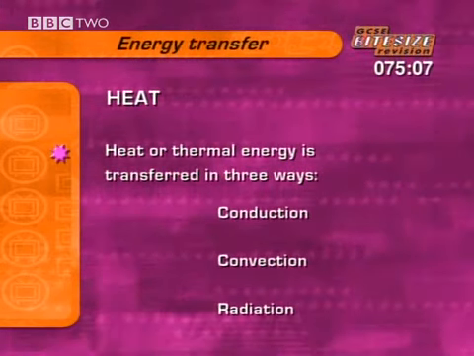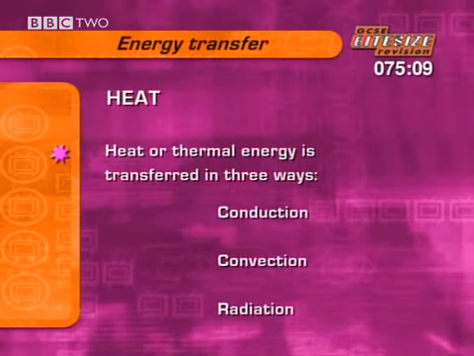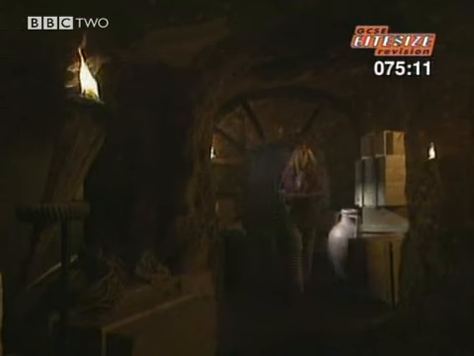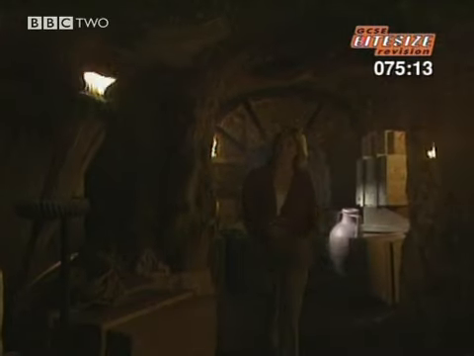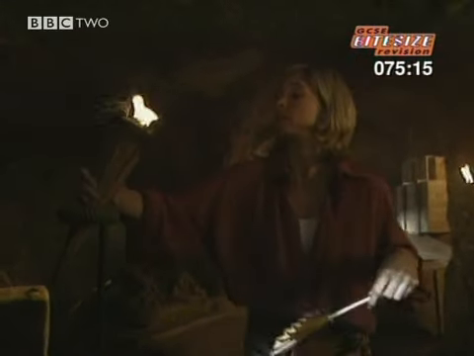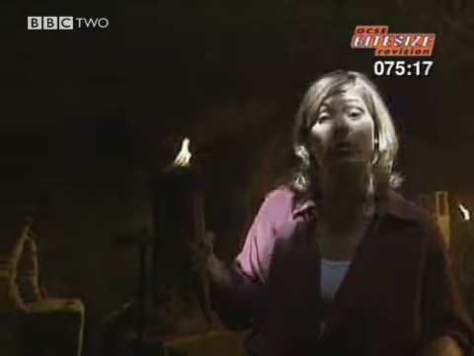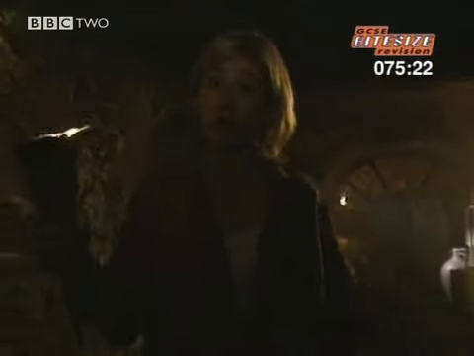Watch this clip and spot which kind of heat transfer is taking place. Energy can be released as heat. So when we say how hot something is, what we're really talking about is the amount of energy it has. Now, energy always flows from a hotter area to a cooler one.